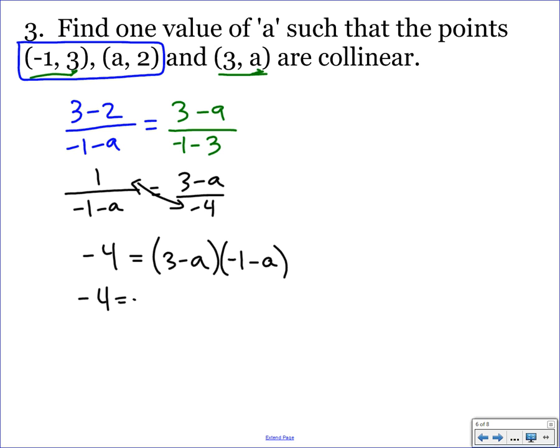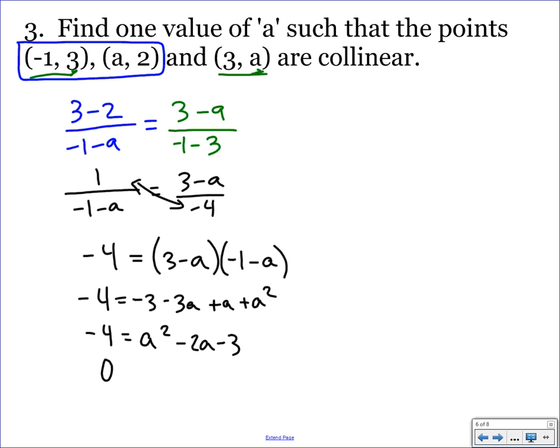First terms together. So FOIL out the right side. First terms, outer term, inner term, last term. Combine like terms. So I have an a squared minus 2a minus 3.